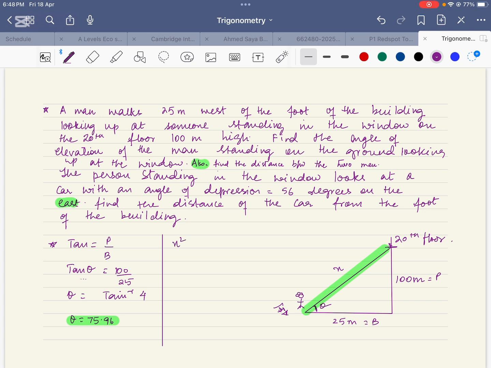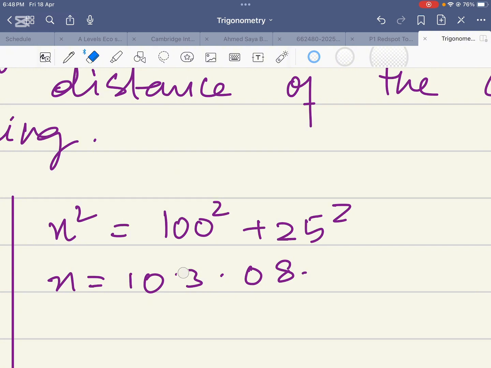X square is equal to 100 square plus 25 square. I will underroot it directly when I put it in the calculator. So 100 square plus 25 square under root is 103.08.